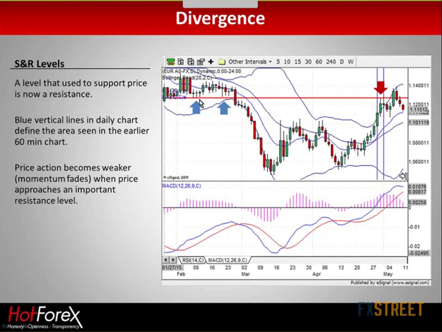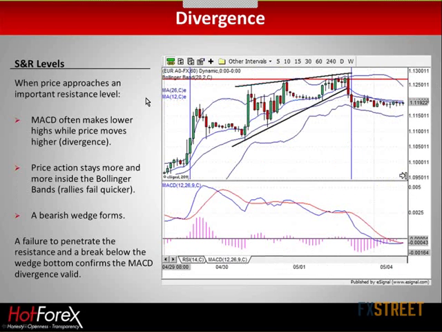And the traders know that when the price is coming to a level that used to be support, it is now likely to be resistance. So traders are getting more and more careful. Here we have those vertical lines, with price moving less and less outside the Bollinger Bands, and MACD making lower highs, and this is a hesitation.